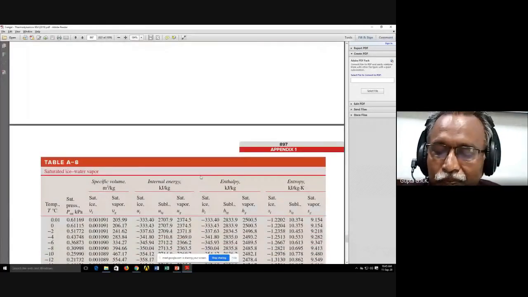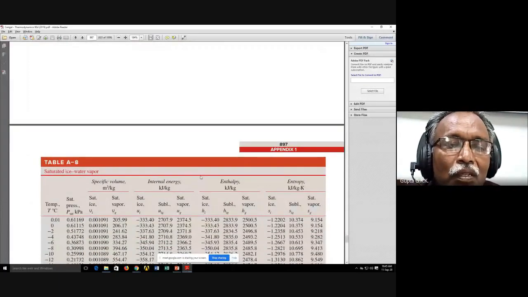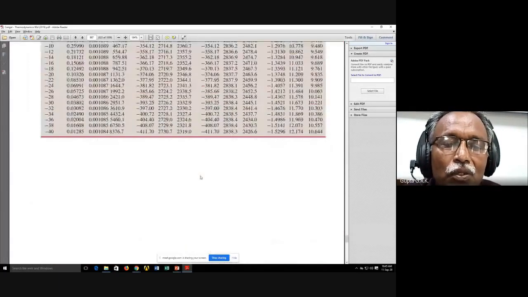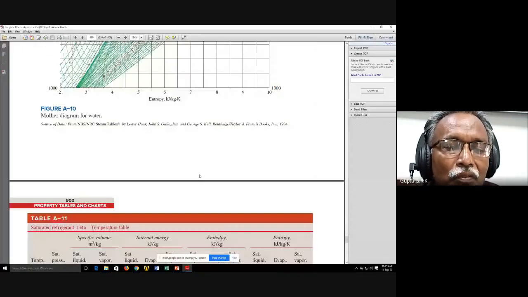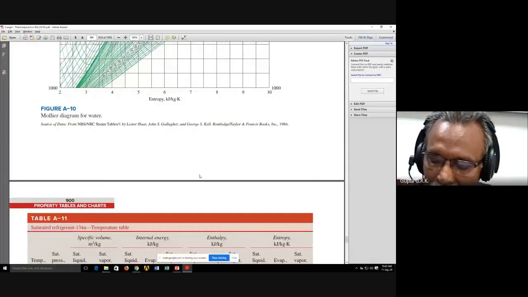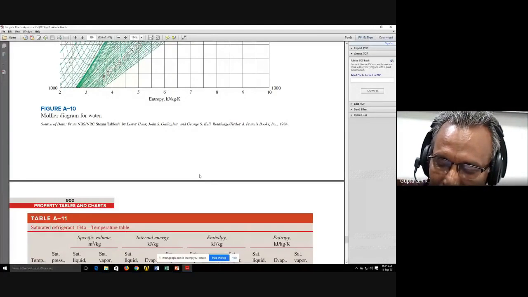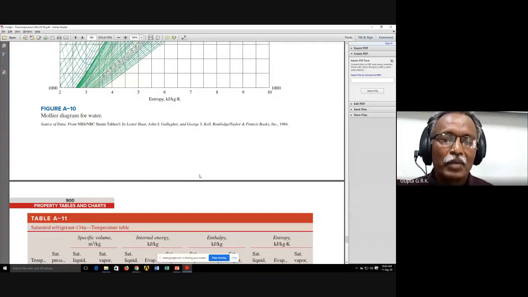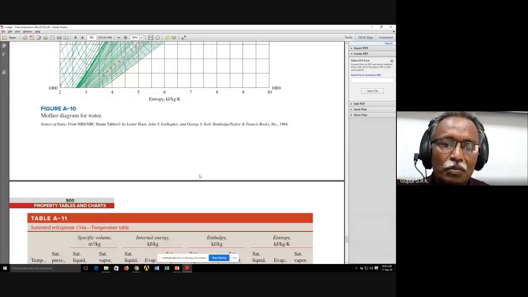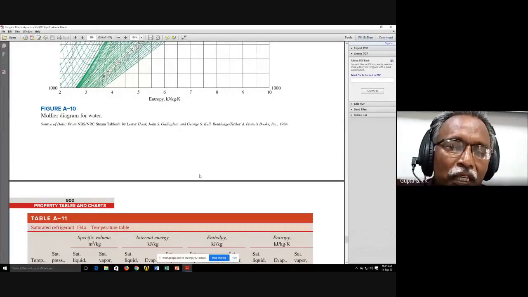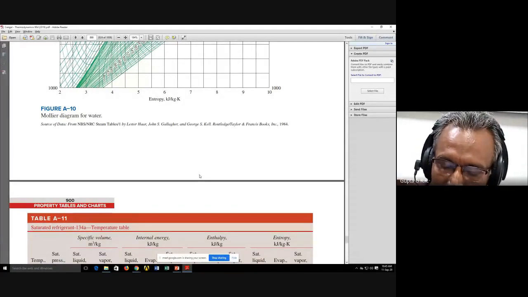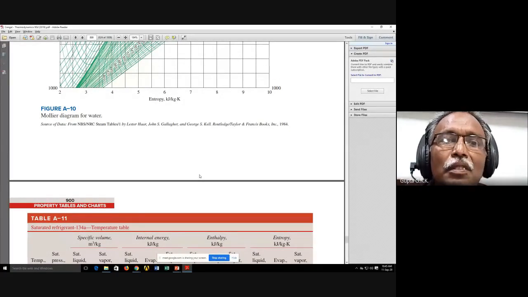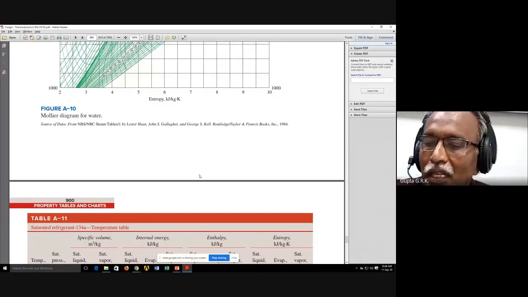And this is for ice water, we don't use it. And the next tables are given for a refrigerant, R134A. This is also sometimes given in the problems, or there can be many other refrigerants also. For this particular one, R134A, again saturated tables, temperature-based, are on page number 899.